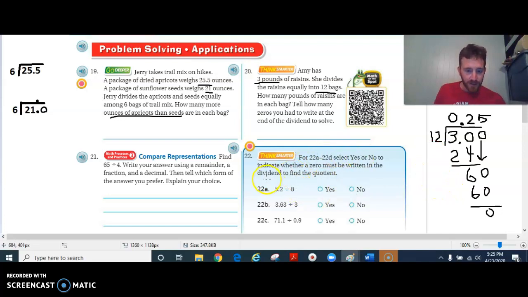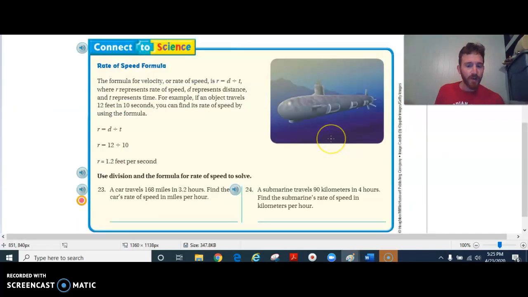Other than that, we got a few just to explain and see and check. I did want to point out this one. If you got me for science, we've been doing this already a little bit with speed equals distance divided by time. Here they use the term R, like the rate of speed. In science class, we've been using S. So if maybe it's easier just to connect with the science, you can think speed equals distance divided by time, make that an S as you go. But it works out the same, okay?